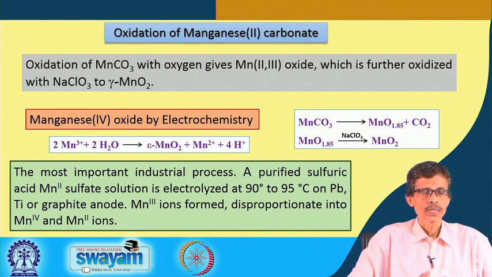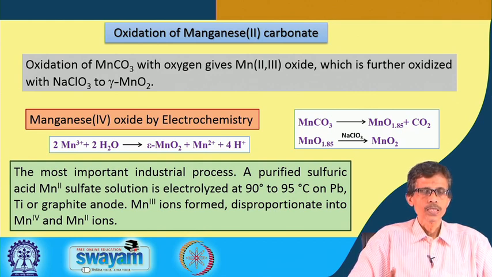So, you take not only water, but it is acidified with sulfuric acid. The manganese sulphate and sulfuric acid mixture is electrolyzed at 90 to 95 degrees centigrade. So, it is basically a high temperature electrolysis reaction on either a lead, titanium or graphite anode, and manganese 3 ions disproportionate into manganese 4 and manganese 2 ions.